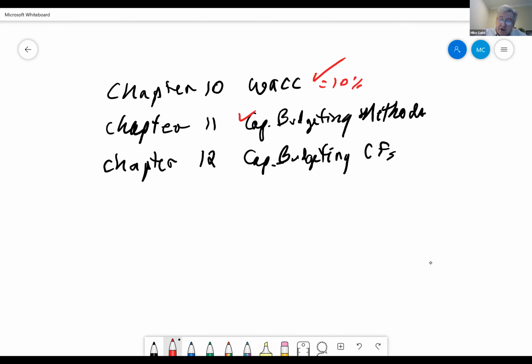Then with chapter 11, we looked at 4 capital budgeting methods. Once we have the project's cash flows and its WACC, we use these methods to come up with a thumbs down or a thumbs up for each project.